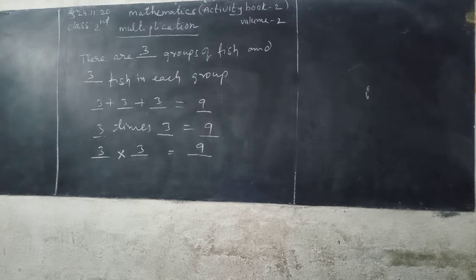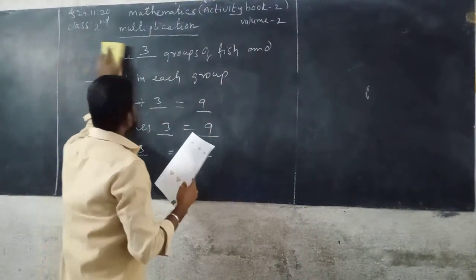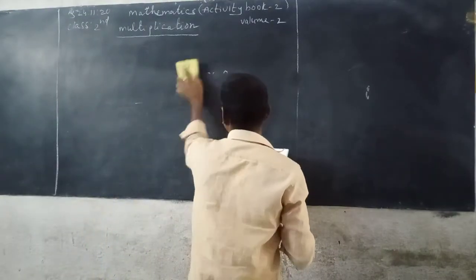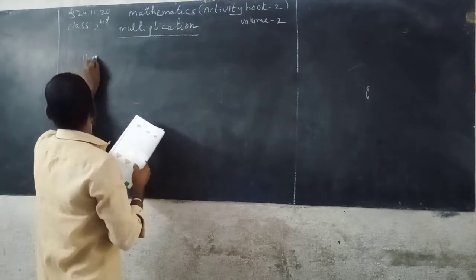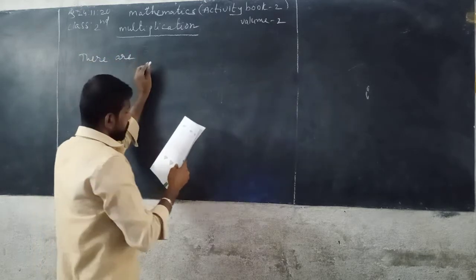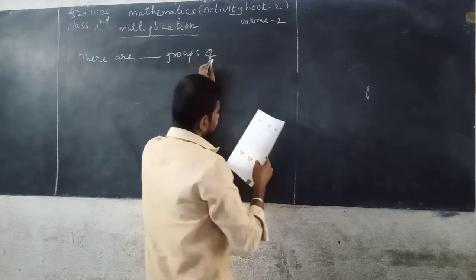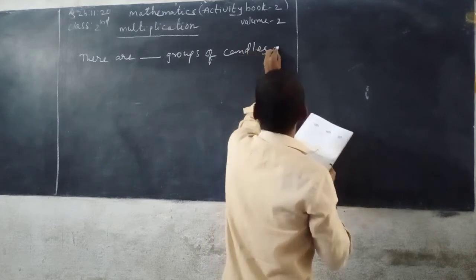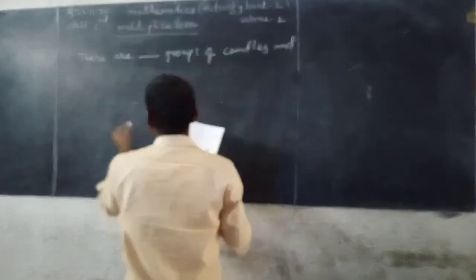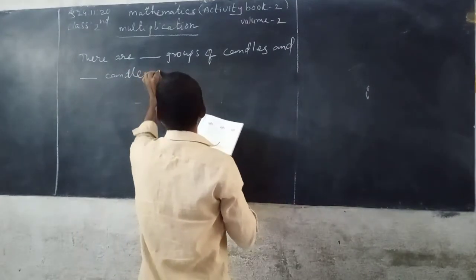Now next, this is the groups of candles. How many groups are there? 2 groups. How many candles are there in each group? 10 candles. See here, the second one is: there are dash groups of candles and dash candles in each group.